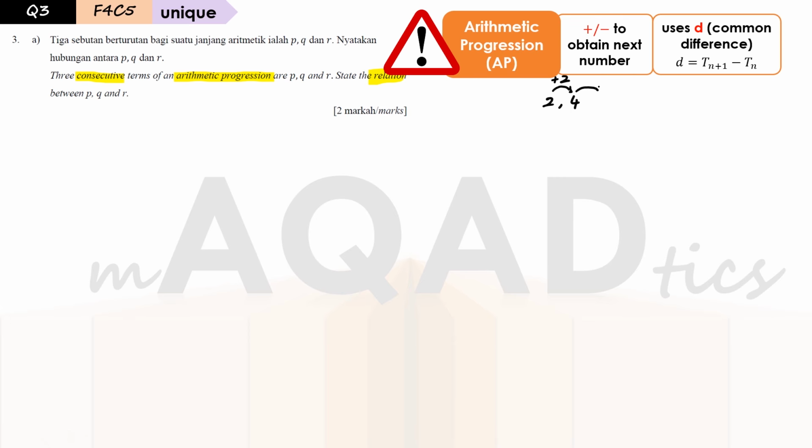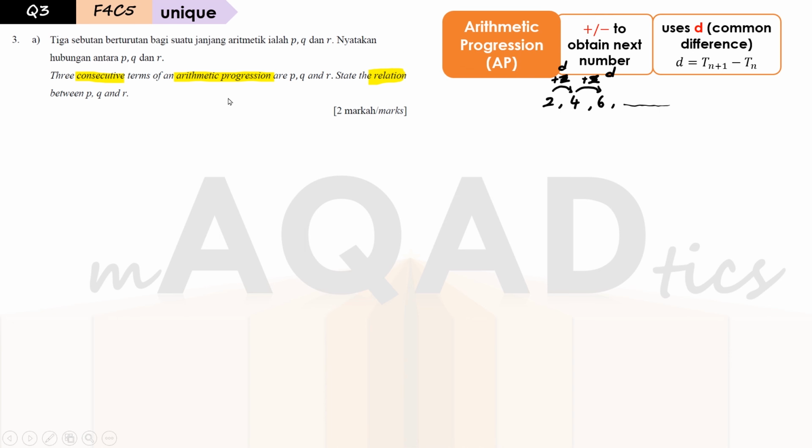If we want to find the next number, we add the same number again, so here will be 6, and so on. For arithmetic progression, usually we use D to add to get the next number. So here it would be D, and D, of course, can be positive or negative.